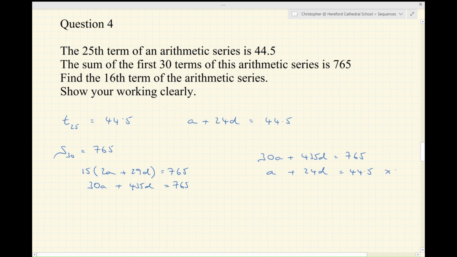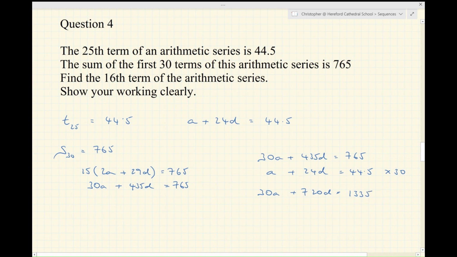Let's multiply the second equation by 30. Gives me 30A plus 720D equals 44.5 times 30, 1,335.